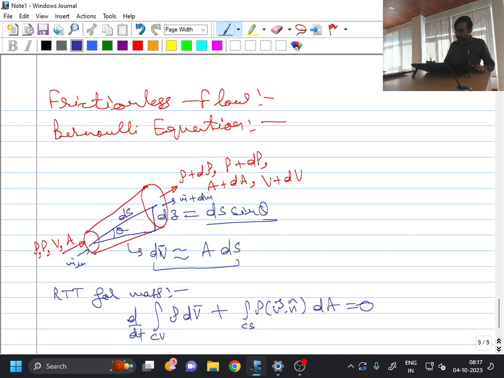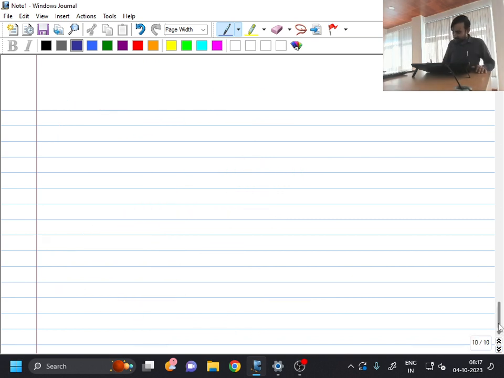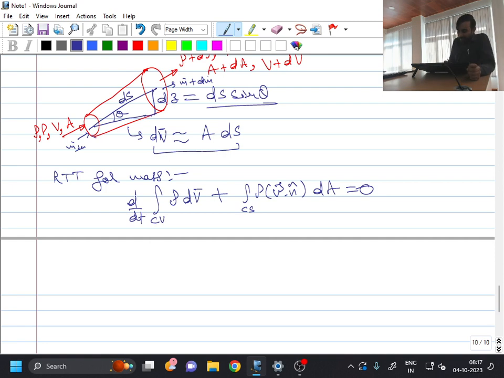So now I can write this equation. I will take the d by dt inside. Once I take d by dt inside, I get the integration over the control volume of del rho by del t dv bar, plus m dot plus dm dot, the mass flow rate going out at the outlet, and the mass flow rate entering is minus m dot.